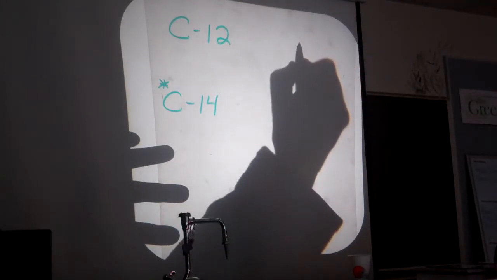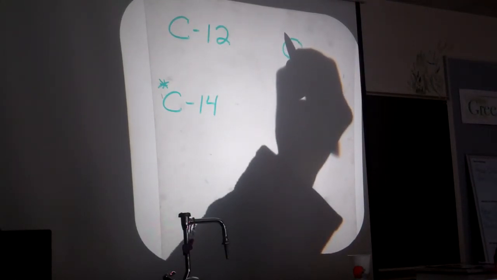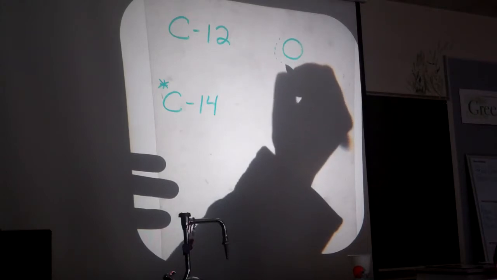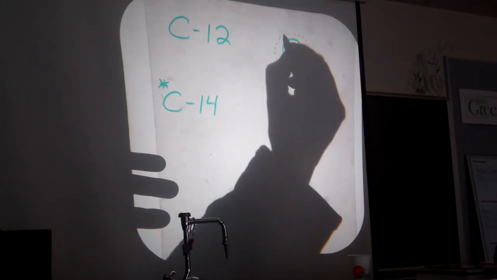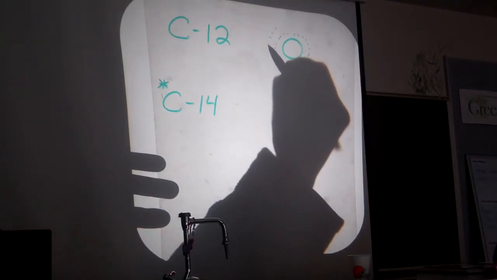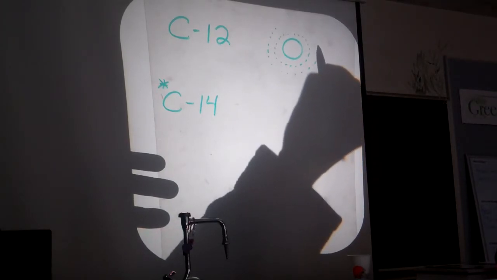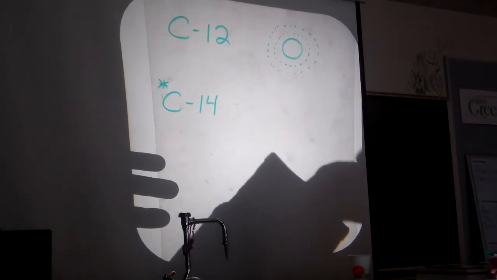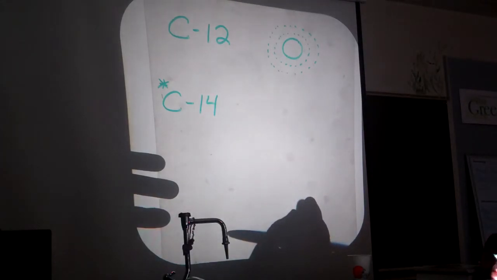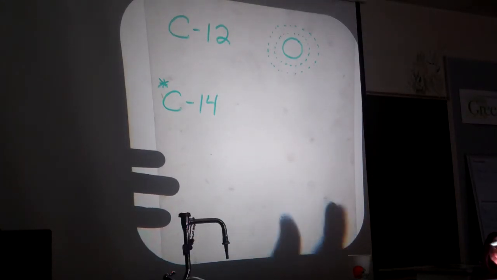I'll get you started. That circle's representing a nucleus, the inside of the atom, like where the red and white circles would be. A dotted line represents an energy level. Another dotted line represents an energy level. Fill this in with the protons, neutrons, and electrons.